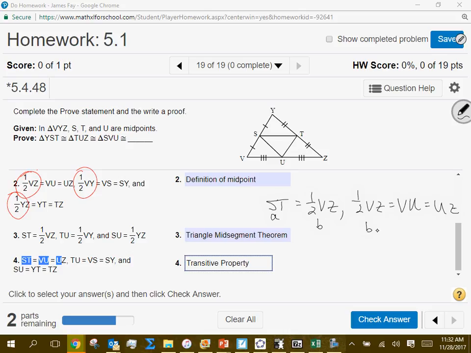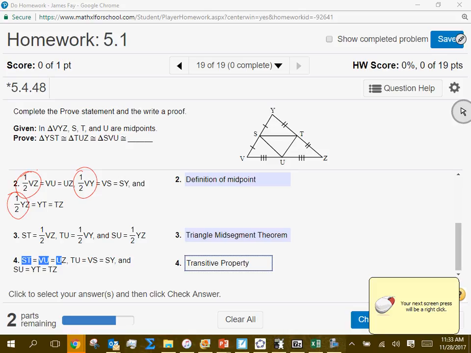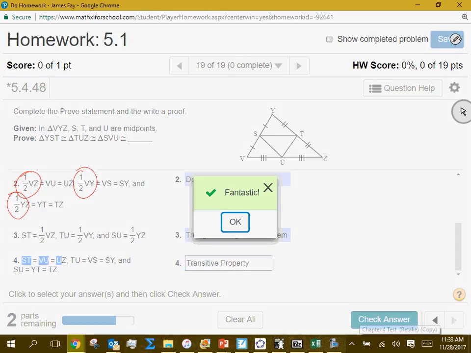And then this stuff here would be your C stuff. It's kind of a weird, different way that we've seen the transitive property being used. But if A is equal to B, and B is equal to this stuff here, a C term, then can we make the conclusion that A is equal to C? Yeah. Which is ST then equal to VU equal to UZ. So it is the transitive property. I think substitution is probably a little bit of a better option there, but I think we can deal with that.